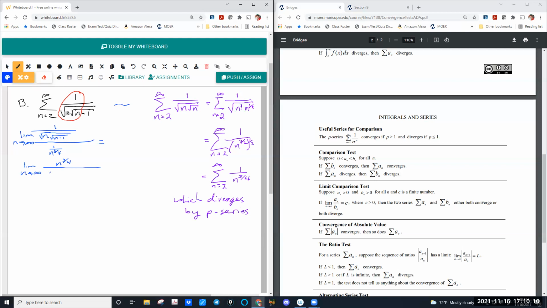So let's go ahead and just do that now. So n times (n minus 1) to the 1/2, to the 1/2.